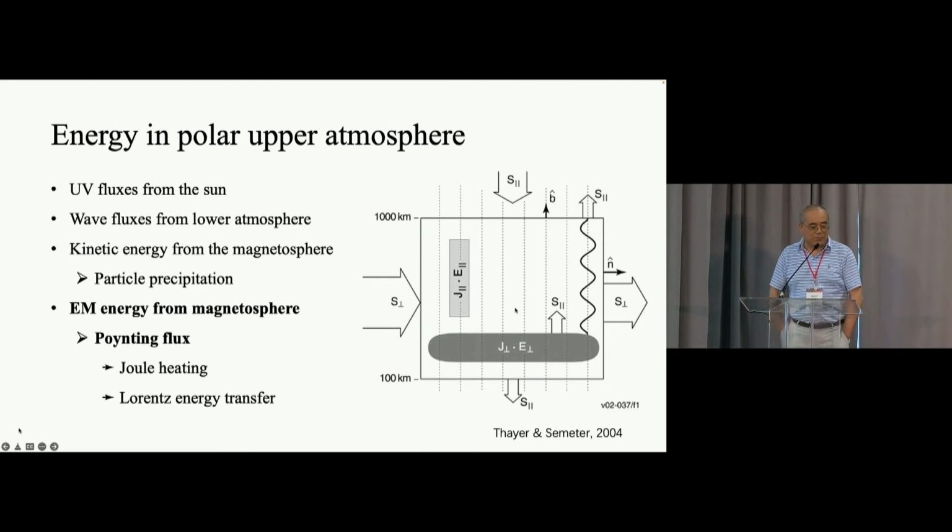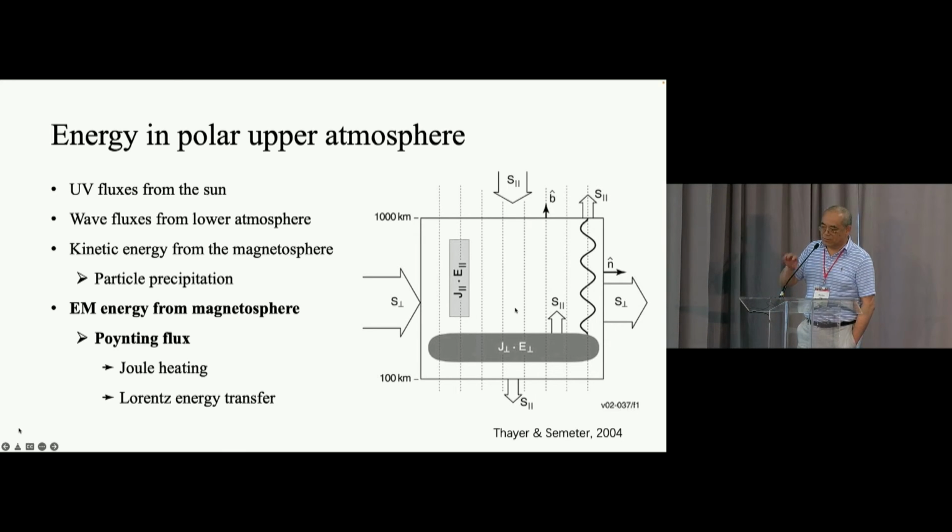Then is the wave flux from the lower atmosphere, meaning gravity waves, planetary waves and tides propagating upward and dissipating. Then the particle precipitation: part of the energy goes to heating the neutral atmosphere, which is minor, but most of the energy produces aurora and other things.